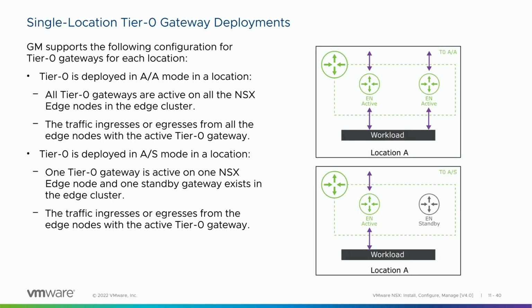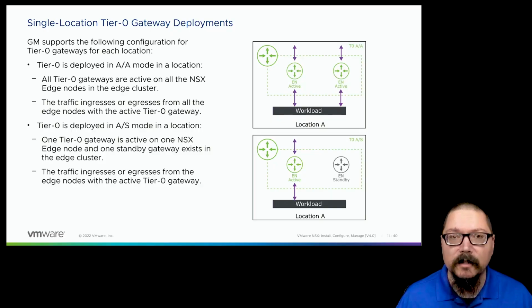Now, here we're looking at single location gateway deployments, single location tier 0 gateway deployments, and I can build a tier 0 gateway in Global Manager that only spans a single location. That's easy enough to deal with.